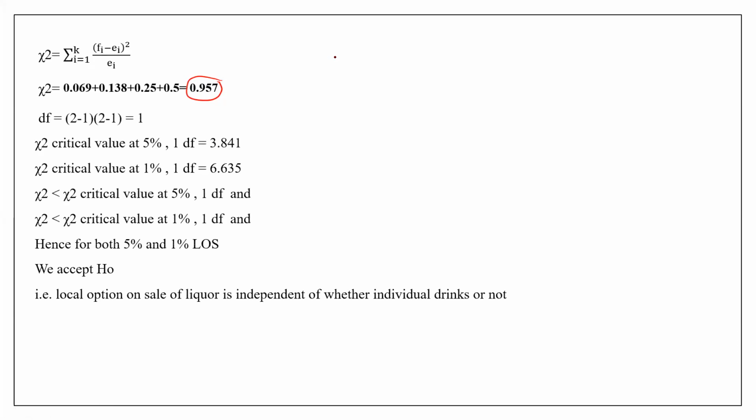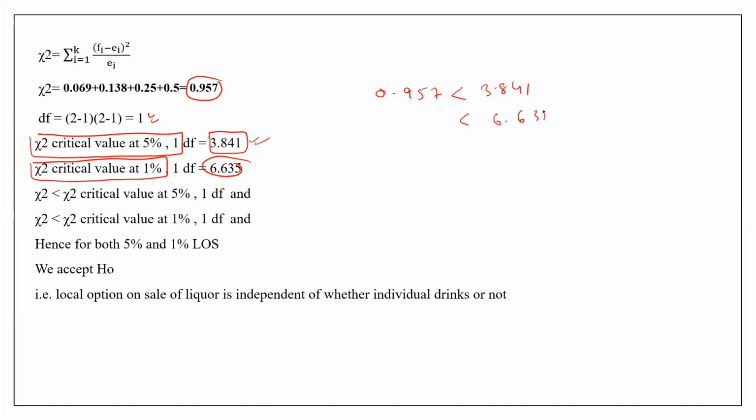Now let us check this at 1% and 5%. So we have two rows and two columns, so degree of freedom is 1. The chi-square critical value at 5% and 1 degree of freedom is already 3.841, that you can check from the table. And the chi-square critical value at 1% level of significance is 6.635. Now you can see that 0.957 is less than 3.841 and also less than 6.635.